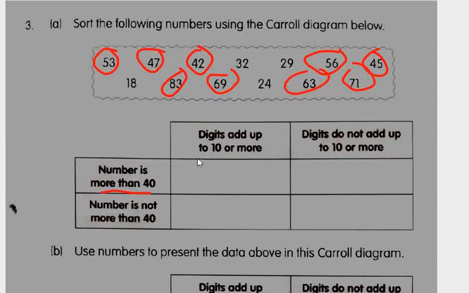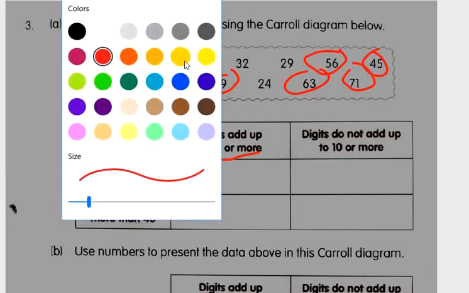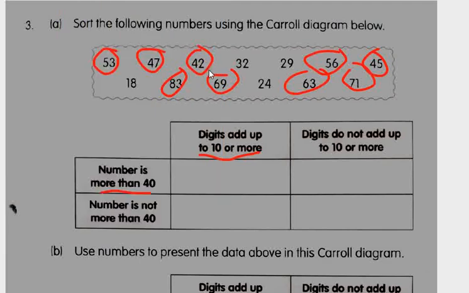Now let's refer to the first column: digits add up to 10 or more. So how do we decide which numbers have digits that, if you add them up, give 10 or more?